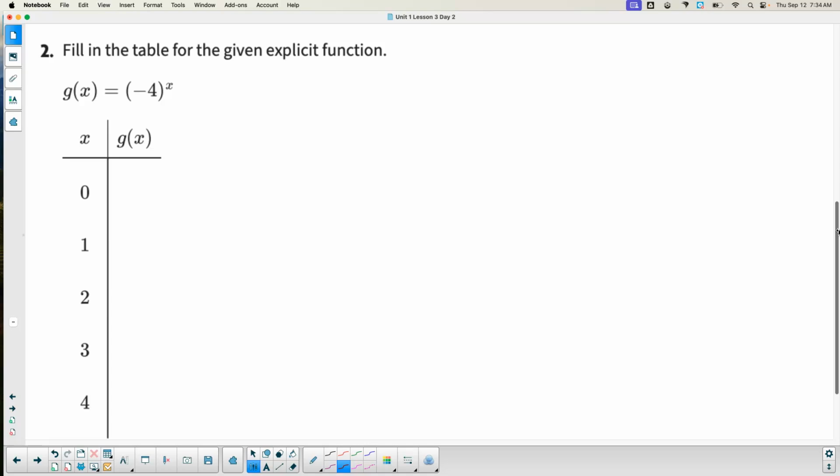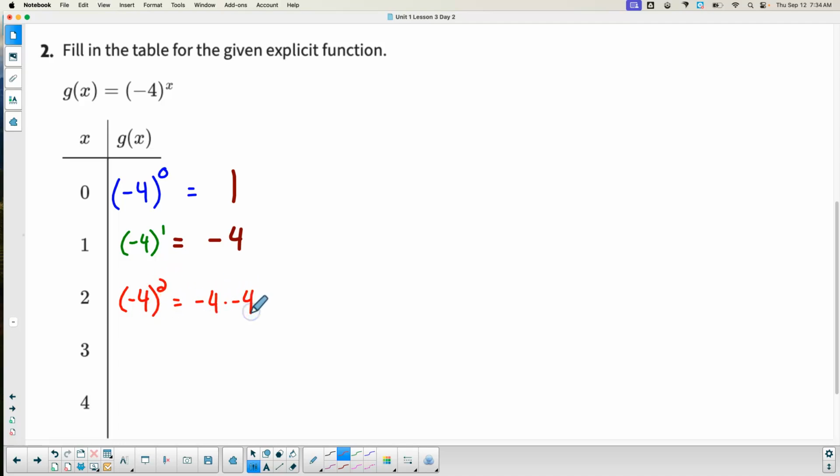Fill in the table. So now we're just basically plugging in. So this is going to be negative 4 to the 0 power. Anything to the 0 power is 1. This one is going to be negative 4 to the first power. That's going to be negative 4. This one is going to be negative 4 to the second power, which is negative 4 times negative 4, which is positive 16.